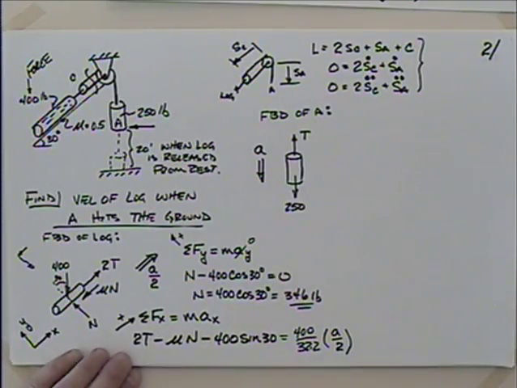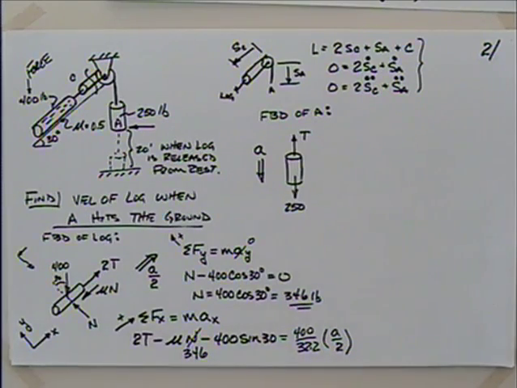Now make one more substitution here. We know that the normal force N, that's 346. So I have one equation with two unknowns. Okay. So I'm going to call this equation 1. And hopefully I can get another equation with the same two unknowns.